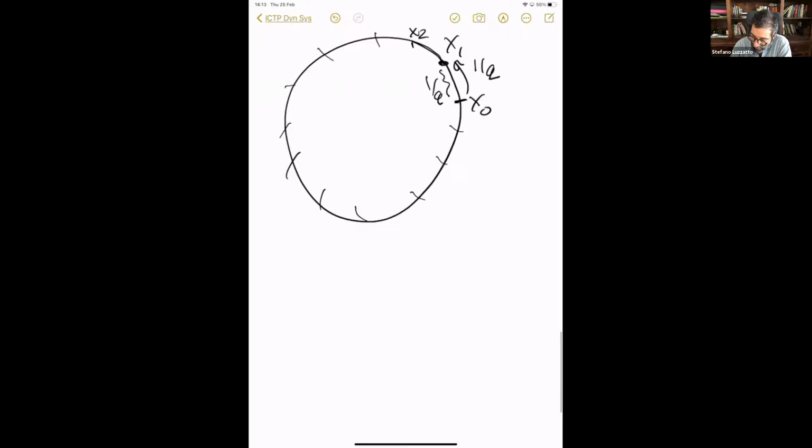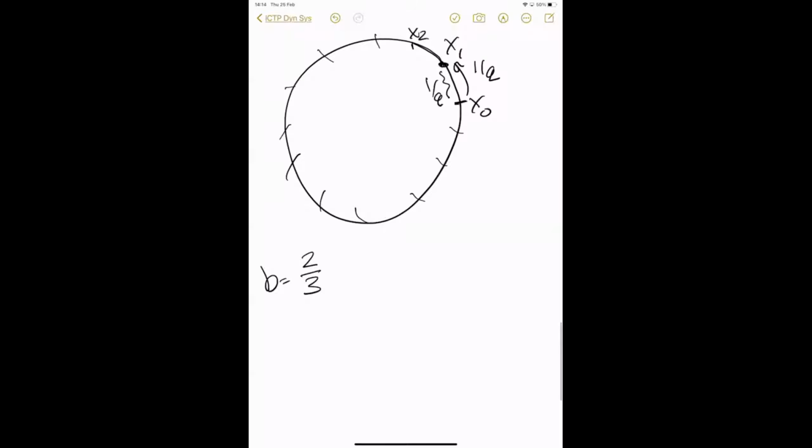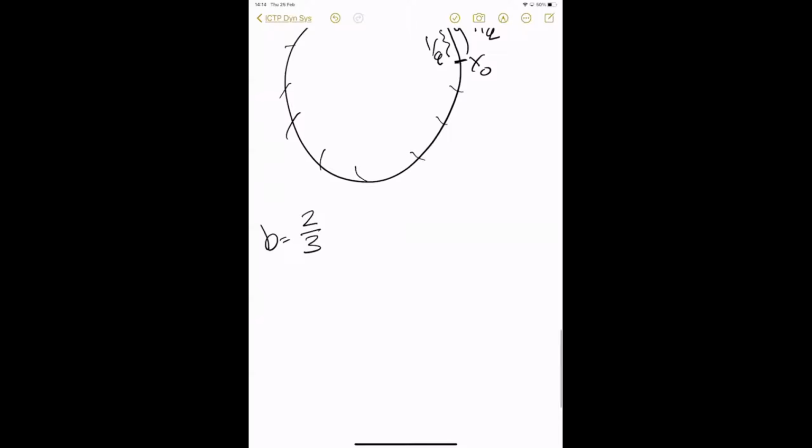What happens if we take 2/3? Three times. Sorry? You still need 3 times. Will it still be periodic of period 3? Yes, exactly, except that it will go around twice in some sense, right?